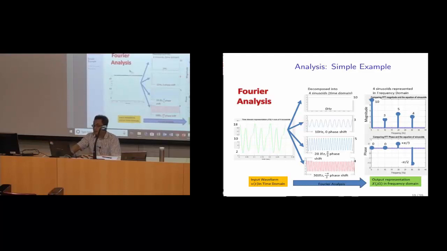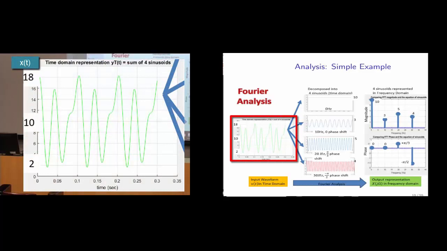In this figure, this is another way to view the Fourier analysis. On the left, the green curve is x of t. The horizontal axis is time. The vertical axis is the magnitude.